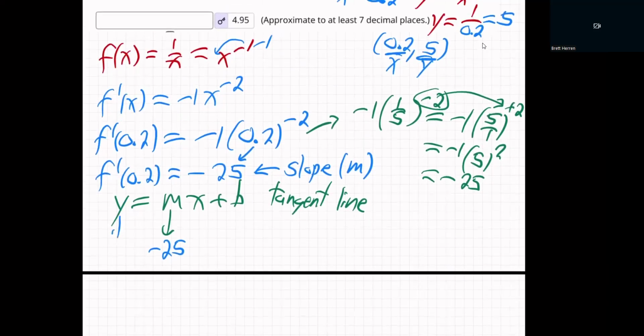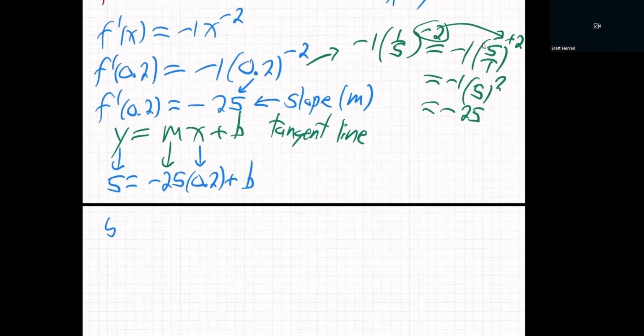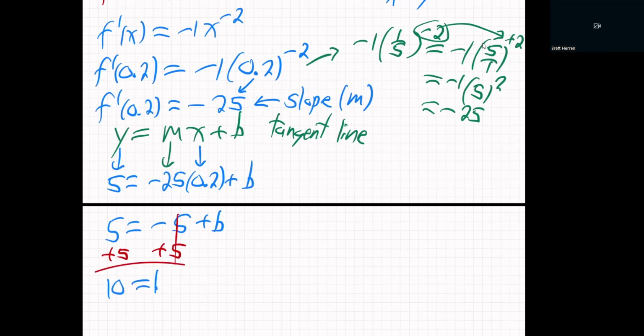The y is 5. And the x is 0.2. And we have a b. So then we have 5 equals negative 25 times 0.2, which is minus 5, plus b. And the 5 cancels. So b is 10.